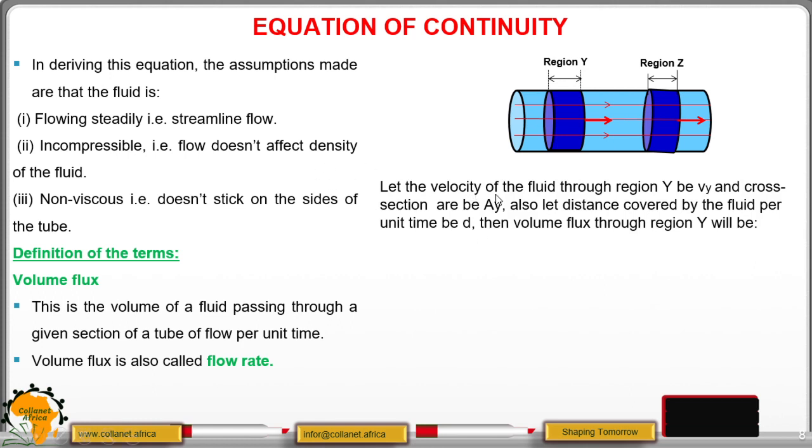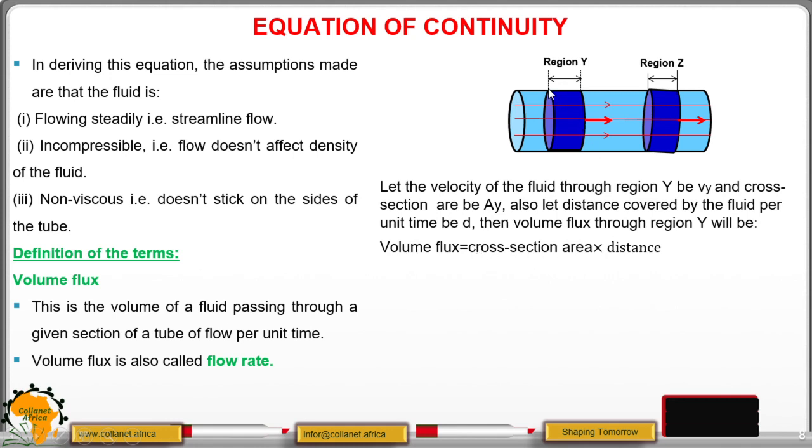And let the velocity of the fluid through region Y be Vy. Velocity on this region be Vy, and cross-section area be Ay. Also, let the distance covered by the fluid per unit time be dy. Then volume flux through region Y will be given by the cross-section area.